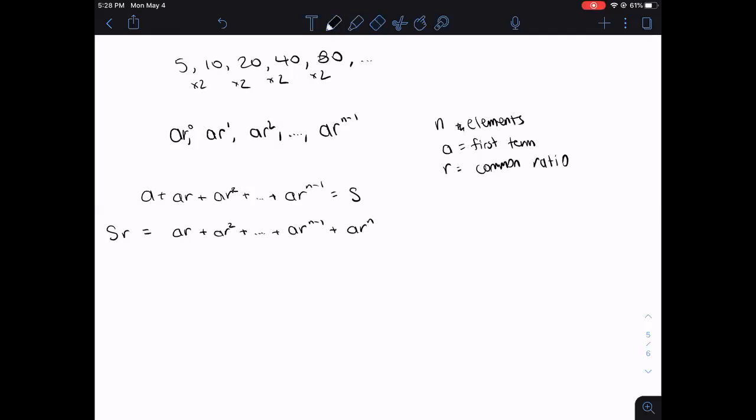This value is equal to SR. So we take each element and multiply by R, and we go there, there, etc., up to there.